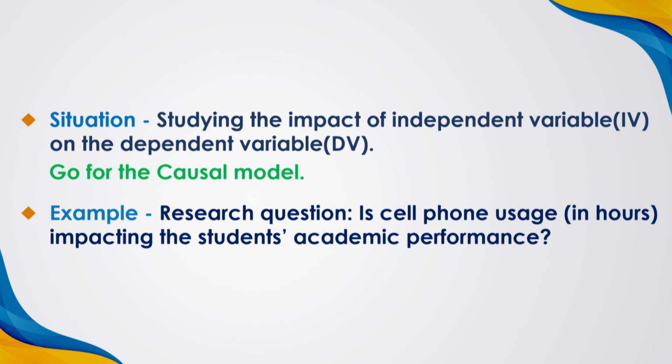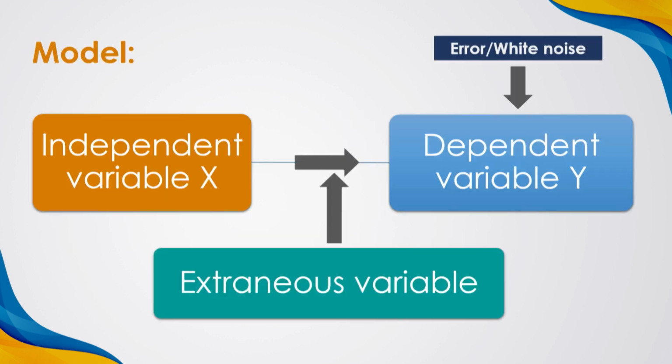Suppose my research question is: does cell phone usage impact the students' academic performance? Nowadays students are using cell phones quite often. Whether the academic performance is affected or not is my intention, and that is formed as my research question. For this we have to construct a model.